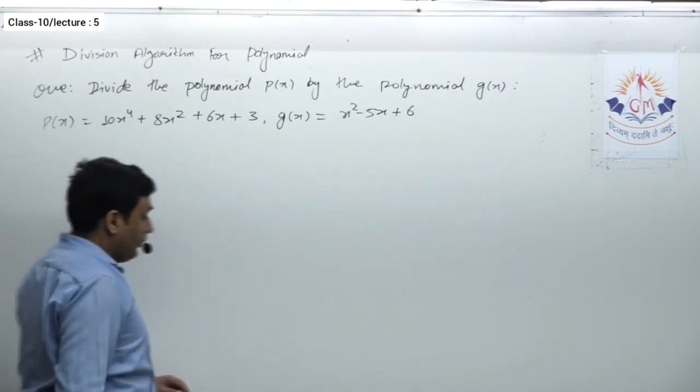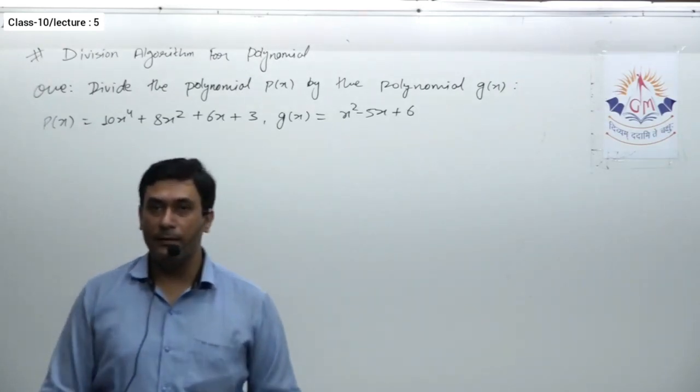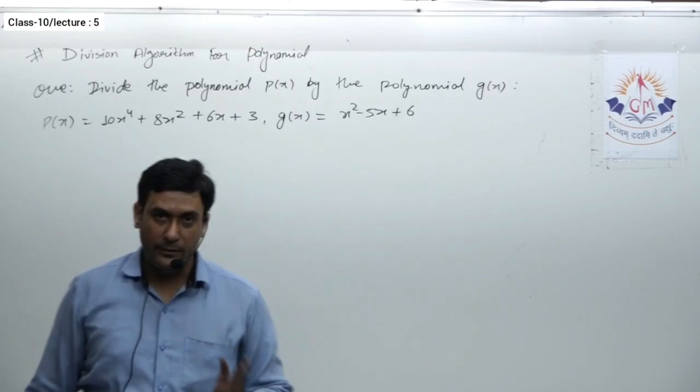So we have to start by writing the dividend and the divisor polynomial in their standard form.